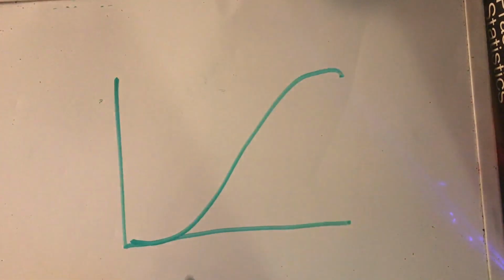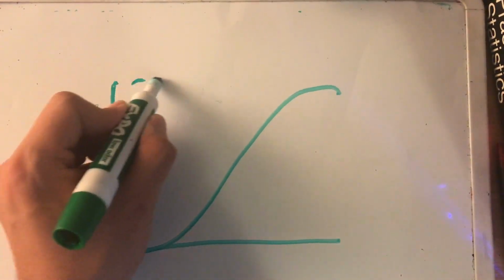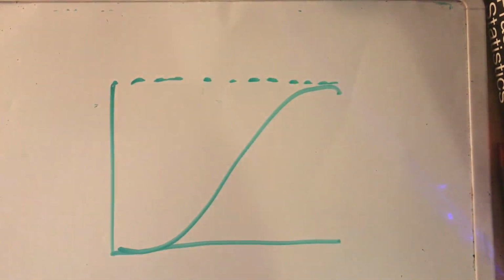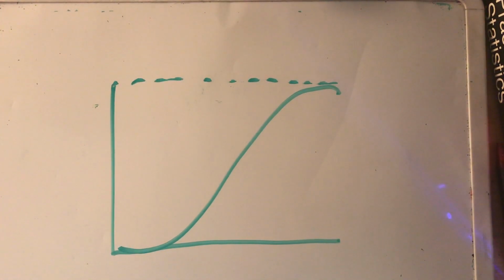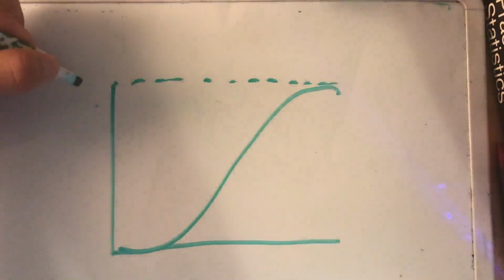Logistic differential equations are equations that relate to this line right here, which is called an S-curve or a logistic growth curve. It models what those of you in AP Enviro like to call a specialist species, or a species that has limiting factors on its growth.